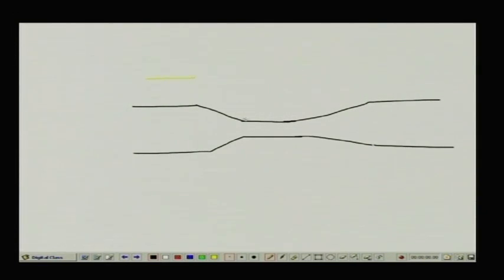I am talking of this angle, that means this angle is 20 degrees in the case of the venturi, and this angle should be 7 degrees. In fact, you will find that basically there are two types of venturi.